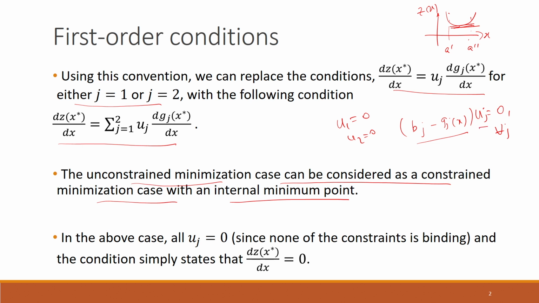So when uj is equal to 0 for all the constraints, the RHS turns out to be 0, and then we simply get dz by dx at x star is equal to 0. This is what it is saying here. So when none of the constraints are binding, the first order condition reduces to the same condition as unconstrained optimization, that is, dz by dx is equal to 0 at the point x star.